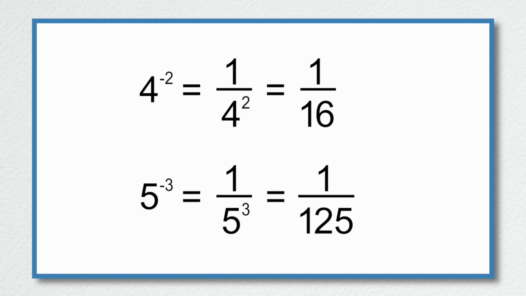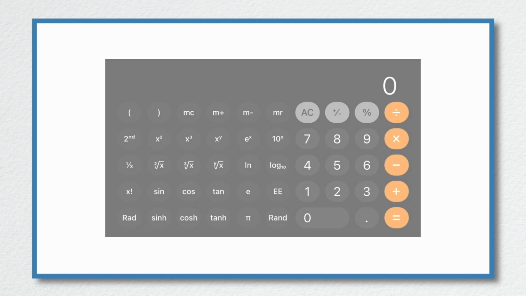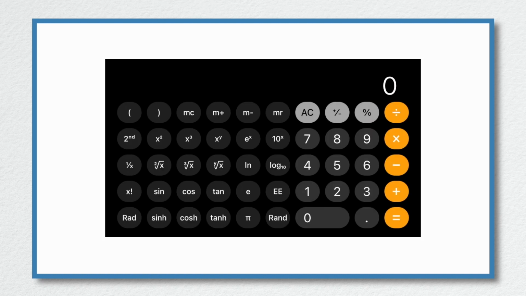Now, when dealing with powers, you might have to use a calculator. If you're fortunate to have a smartphone, then you can use the calculator on your smartphone. But calculators are not expensive to buy and are easily available in many shops. There are also calculators available online for you to download.